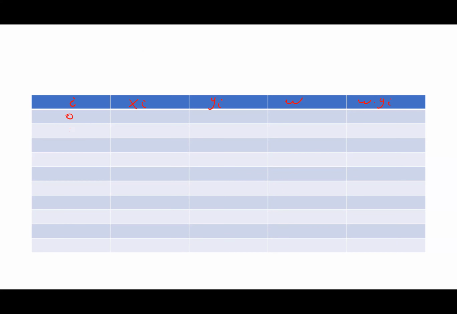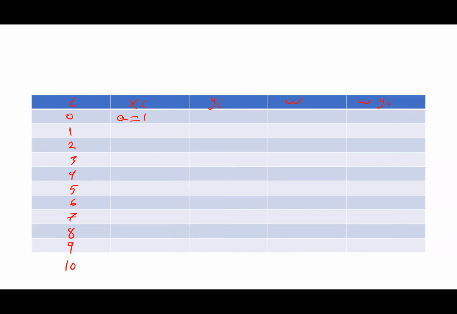So 0, then 1, 2, 3, 4, 5, 6, 7, 8, 9, and 10. We must have 10 to be the last one. X sub 10 will be b. When i equals 0, x sub 0 will be a, which is equal to 1.